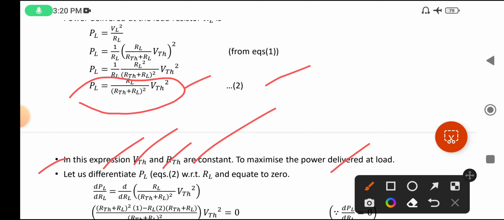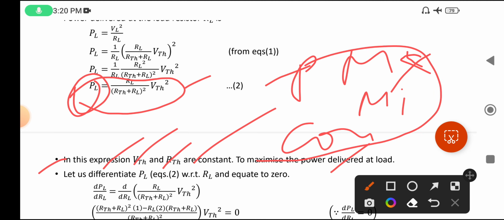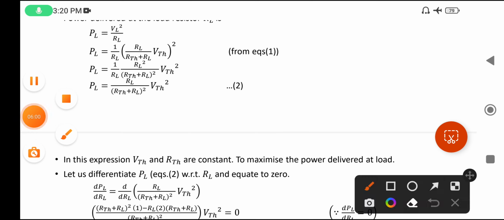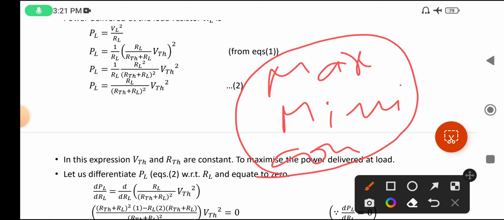Power is maximum at the load. Whether maximum, minimum, or constant, in mathematics all these terms are always constant and cannot be differentiated.